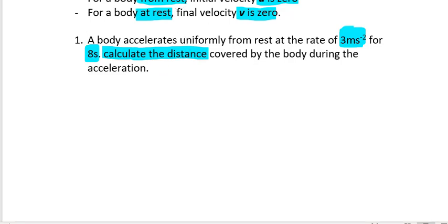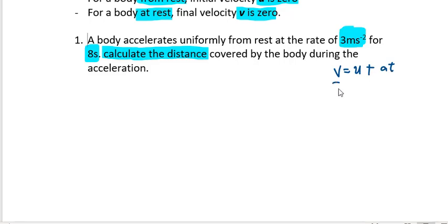The first thing you should do is get your formula, so write down your formula. This is not retardation, so we'll use uniform acceleration. The first formula is v equal to u plus at. Remember, v is the final velocity, u is the initial velocity, a is acceleration, and t is time.